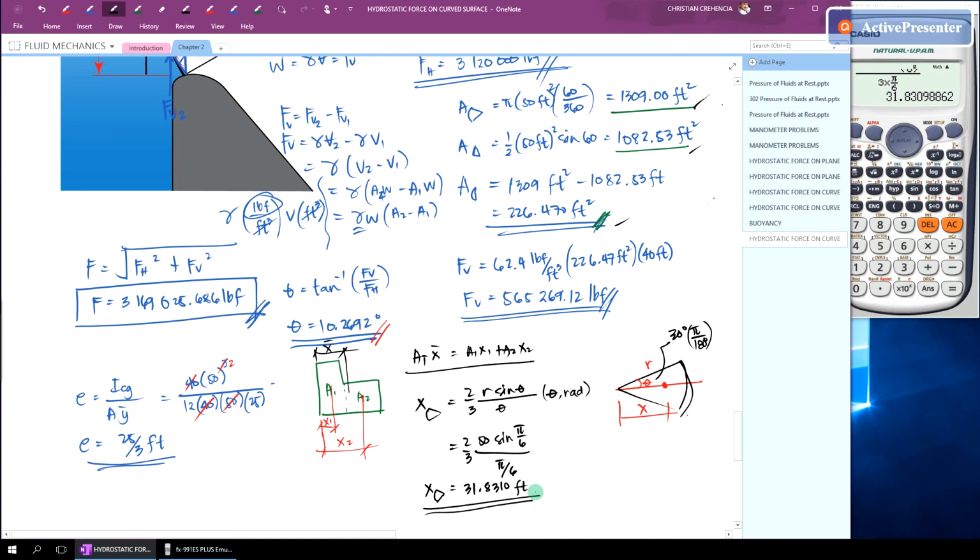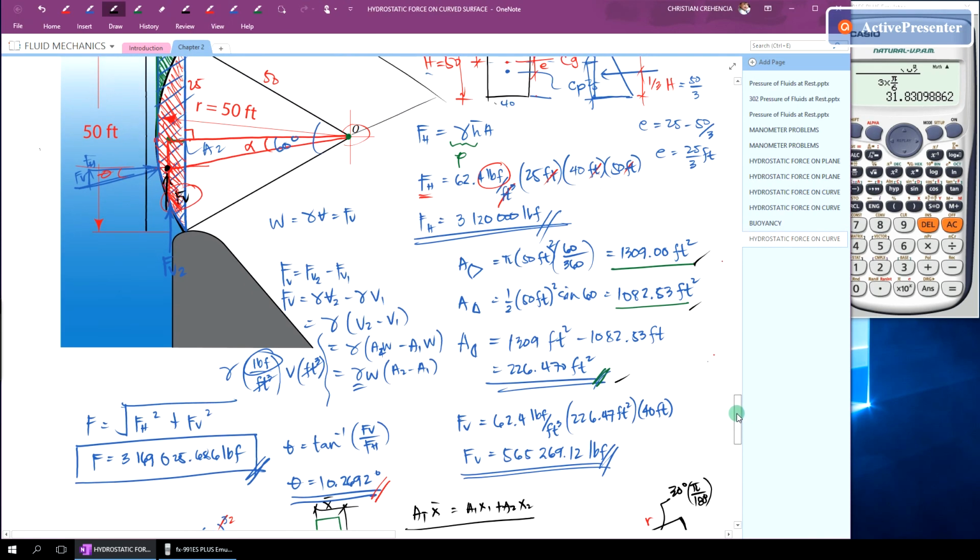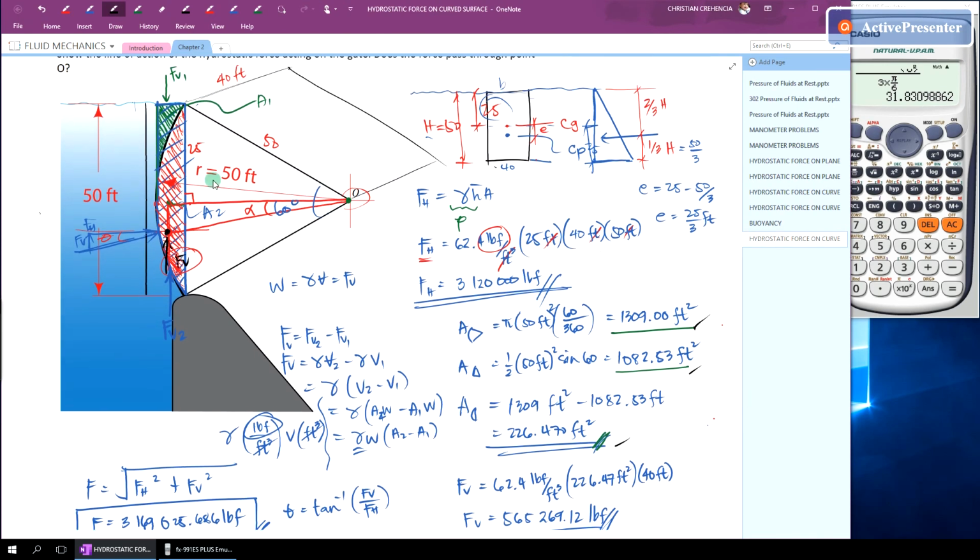Okay. So for the triangle, this is our triangle. If this is 50, we know that this is 30 degrees. So this distance, this base, is 50 cosine 30 degrees. Then the centroid of the triangle is 1/3 from the base.